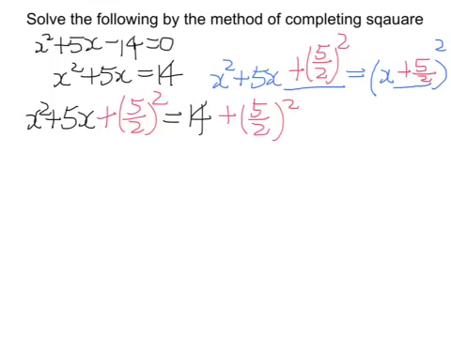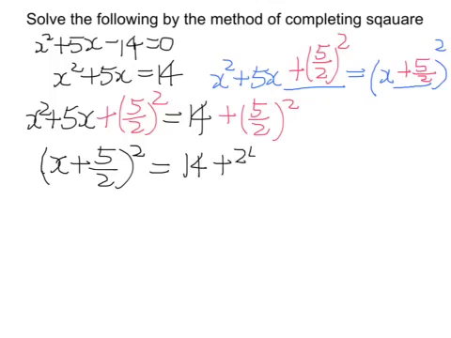So we will get x plus 5 over 2, the square goes outside, equals to 14 plus 25 over 4. I'm just simply simplifying the right hand side. Now this is our objective.